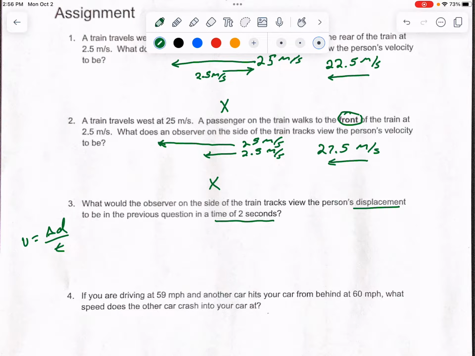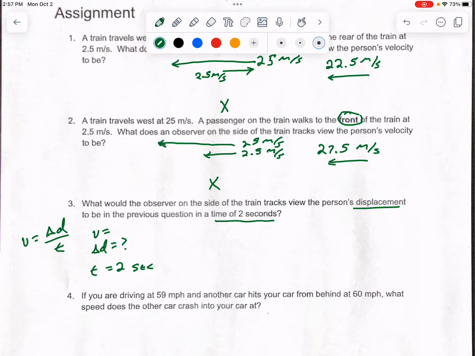So we don't need the Pythagorean theorem or SOHCAHTOA to find this. We have velocity, displacement, and time, and we're going to fill in what we know. Time was 2 seconds. They asked for displacement, so they're looking for the distance. And it says we're talking about the previous example, so number two.